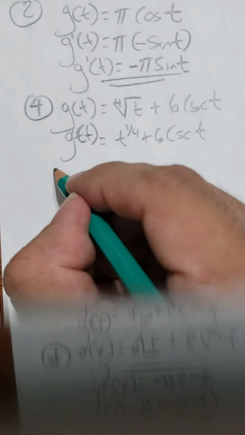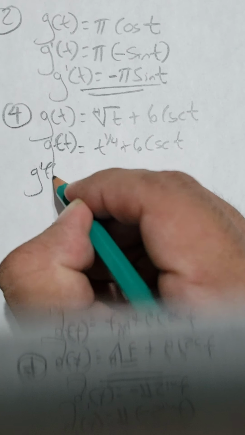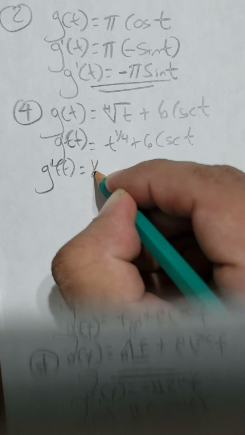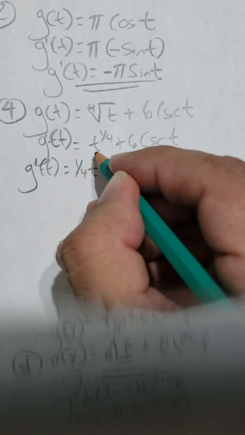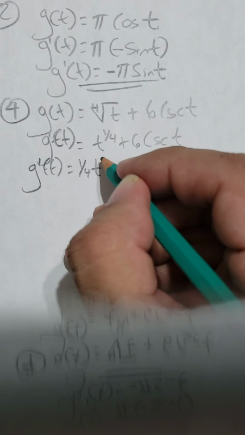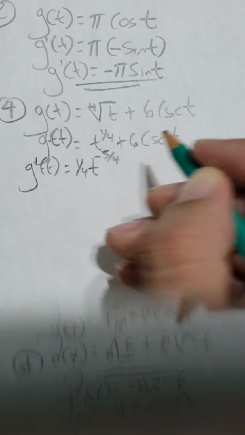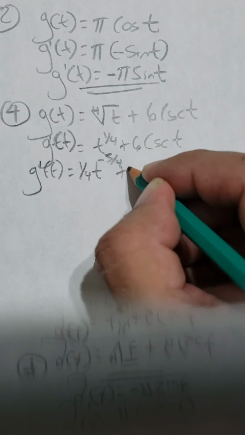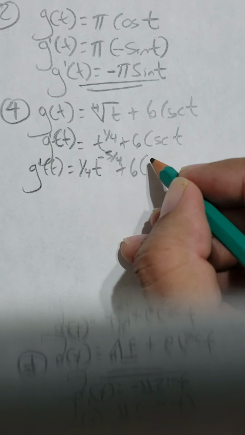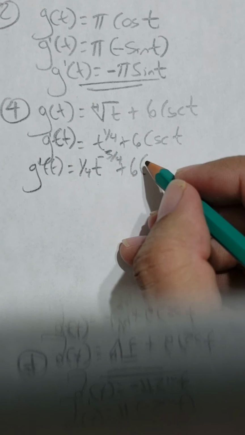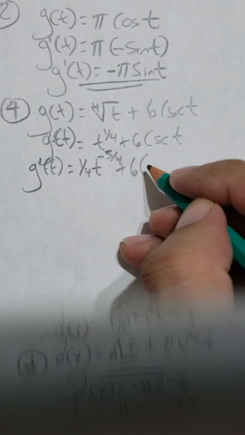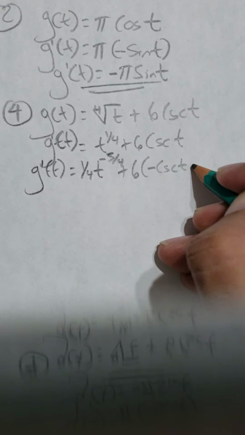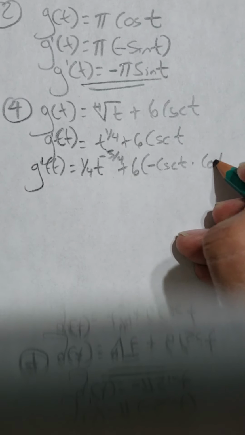In this step, we make the derivative of this part. That is, we send the exponent to multiply. Now, we make a subtraction: 1/4 minus 1 will be negative 3/4. Then we have the constant. We keep it there. And then we have to look in the chart. What is the derivative of cosecant? The derivative of cosecant is negative cosecant of t multiplied by cotangent of t.